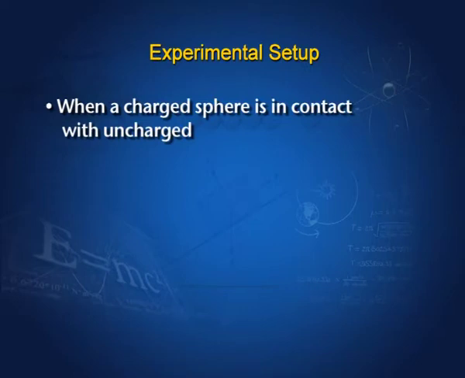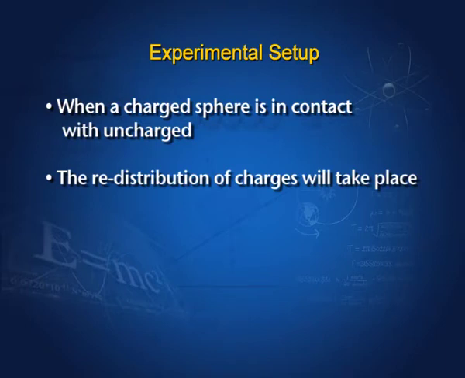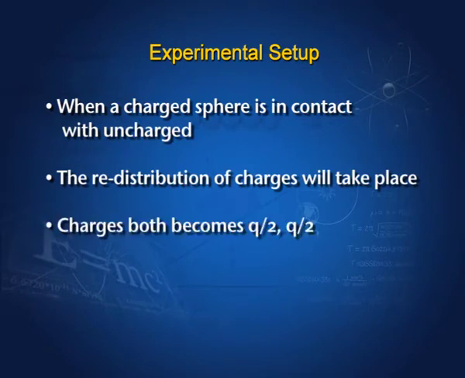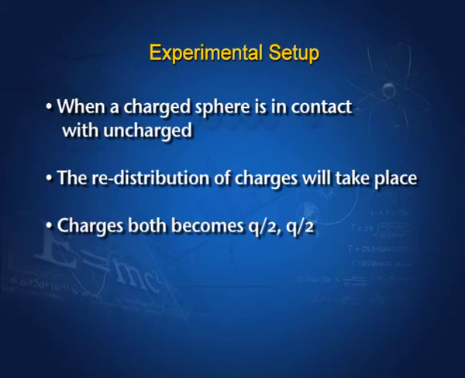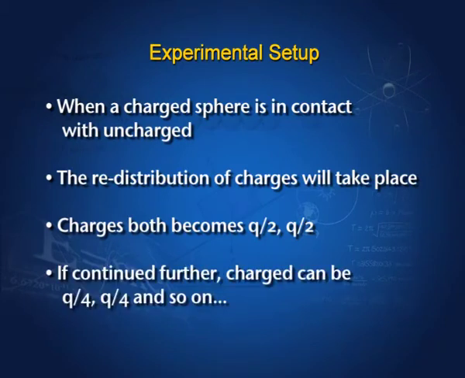If they come in contact with any other metal body, redistribution of charges takes place, and that's why Q becomes Q by 2 and Q by 2. If you go on further, you can even achieve a situation where the charge is Q by 4, Q by 4, and so on.